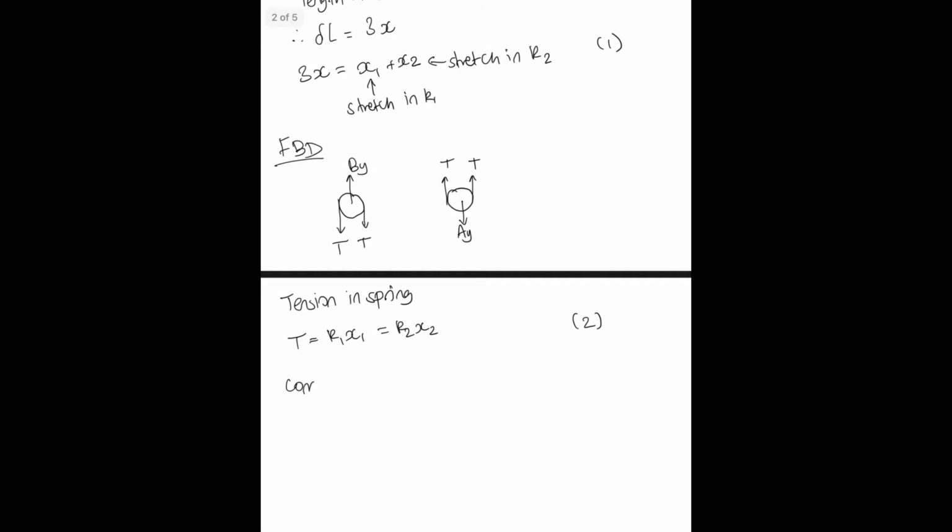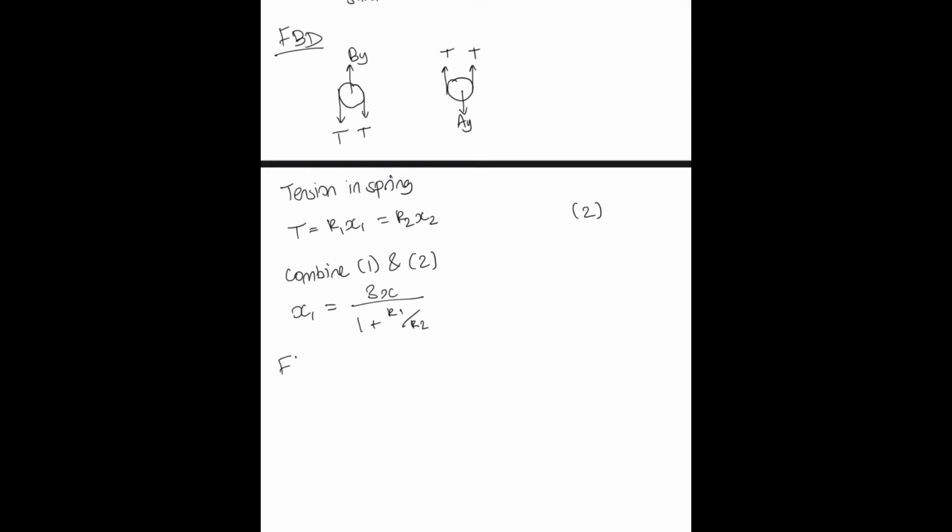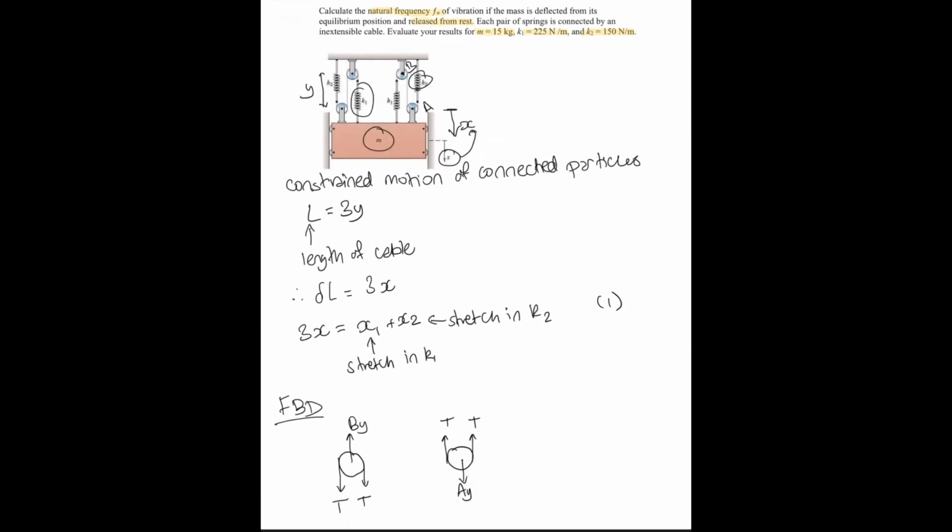So if we combine these two equations, we get x1 is equal to 3x over 1 plus K1 over K2. Now we draw the free body diagram of the mass over here.